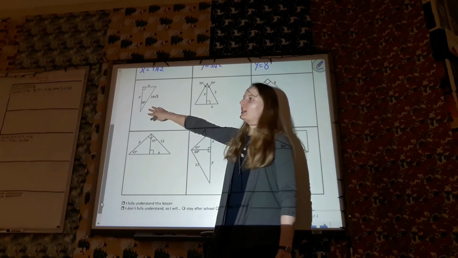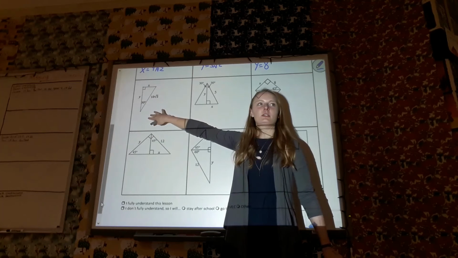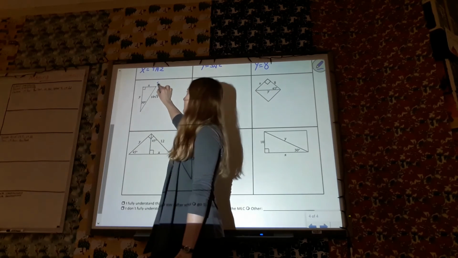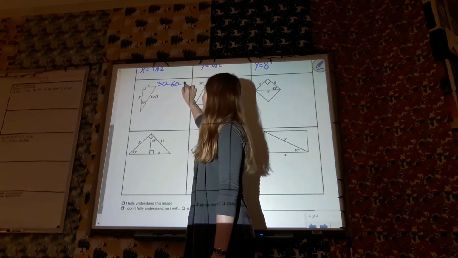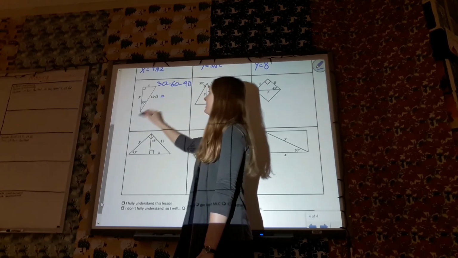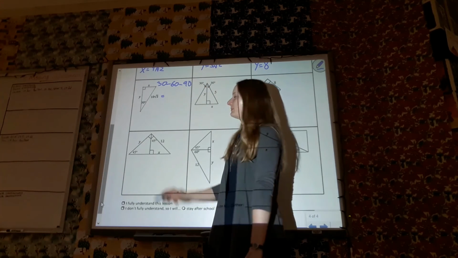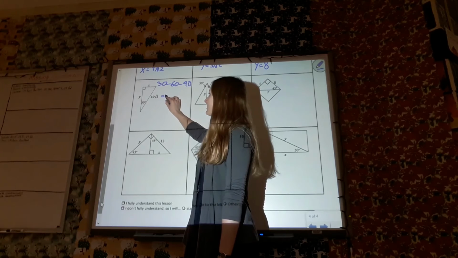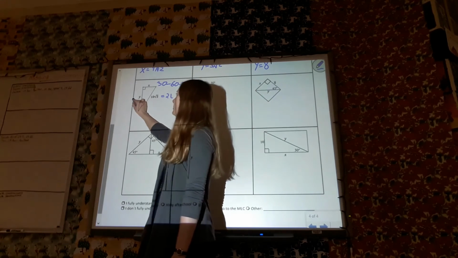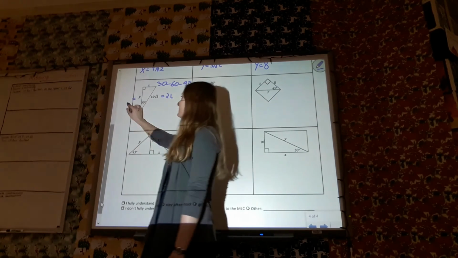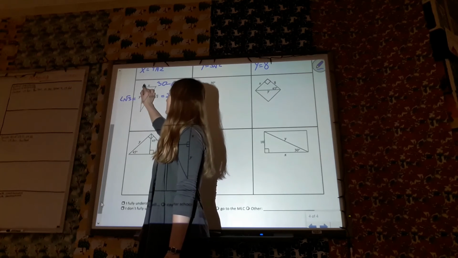Alright. Which one would this be? 30, 60, 90. Fantastic. Alright, I want the rule for the 10 root 3, please. 2L. I would like the rule for the y, please. And for x?